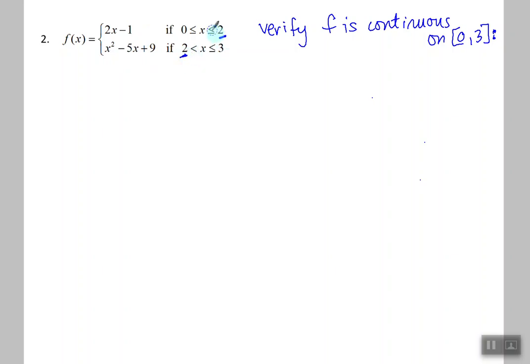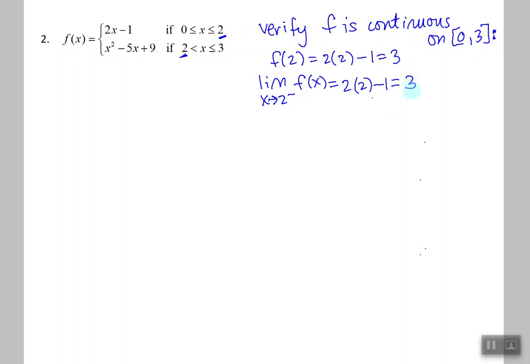So let's take a look and see x can equal 2. So I know that f of 2 exists because f of 2 is 2 times 2 minus 1, which is 3. So I need to check the limit as x approaches 2 from either side. So the limit as x approaches 2 from the left of f of x, from the left is this side. So that's 2 times 2 minus 1, which is 3.